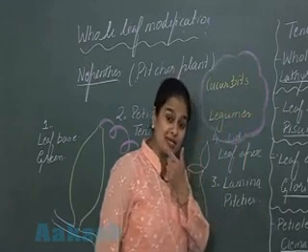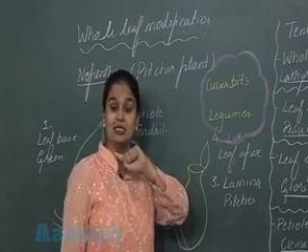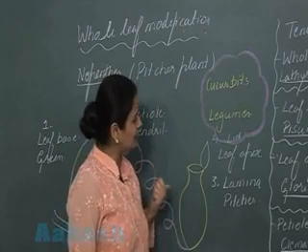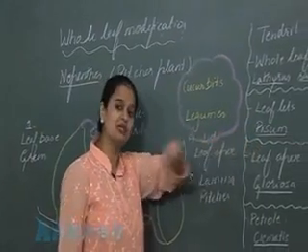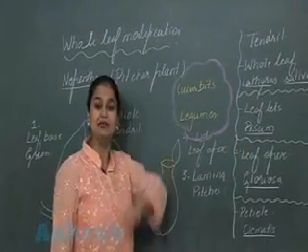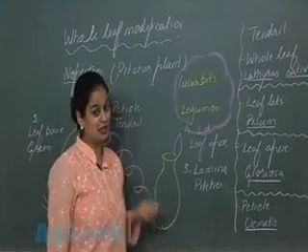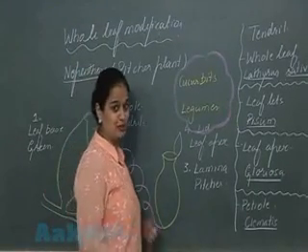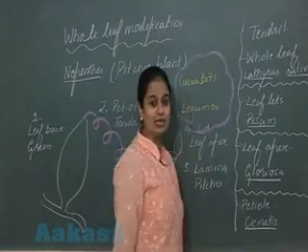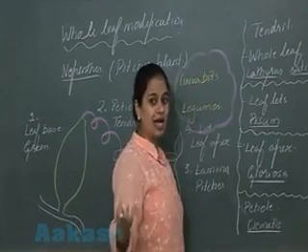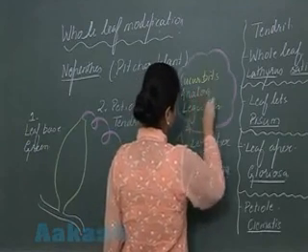Now the tendril which is formed in cucurbits is the modification of the stem, and the tendril which is formed in Pisum is the modification of the leaf. Now the function of tendril will be the same, that is climbing, but the origin is different. So origin is different. So these two structures, will you call them homologous or analogous? These are analogous structures.